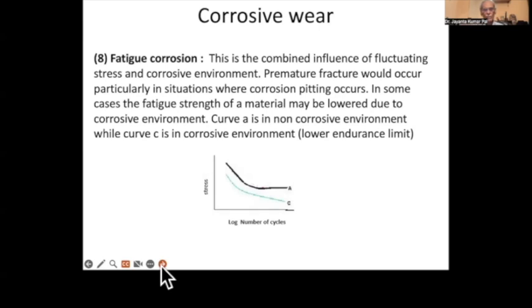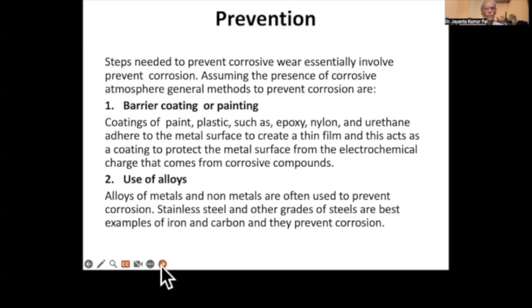So with corrosion, we can see that the endurance limit is lowered, and hence it is harmful. So there again, if we want to get rid of this type of wear, we have to choose material carefully.